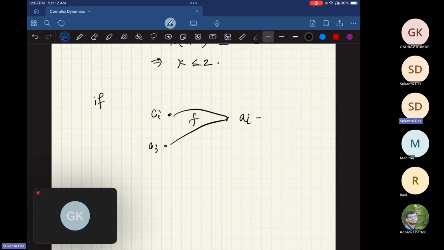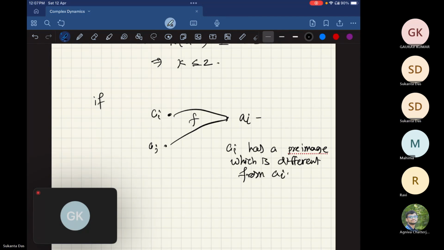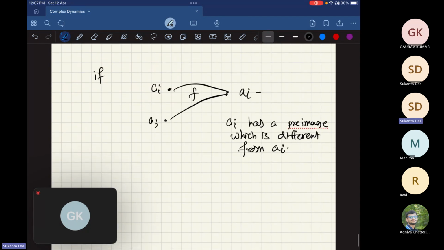So then it means that a_i has a pre-image which is different from a_i, right? So this is the pre-image a_j, which is different from a_i.